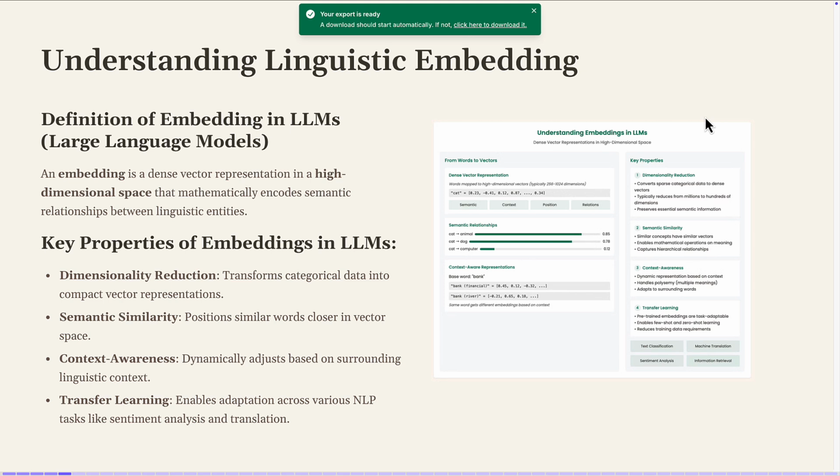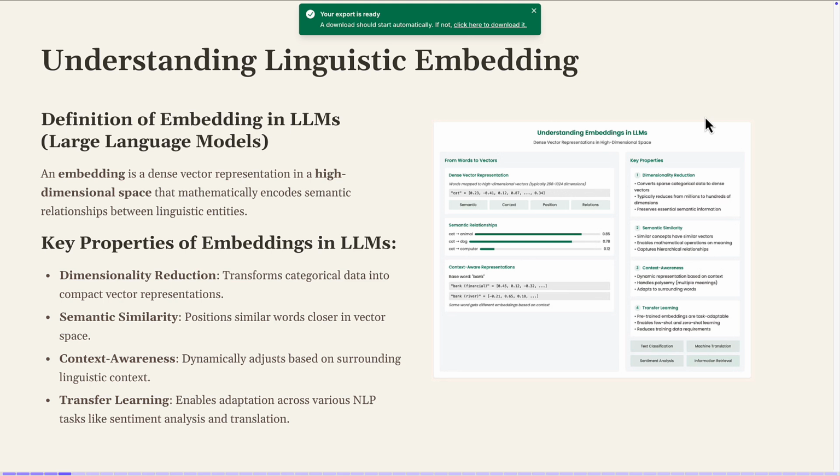And the property of embeddings in LLM is first to reduce the dimension of the corpus, transform categorical data into compact vector representation, and semantic similarity, position similar words closer in a vector space, as already introduced.